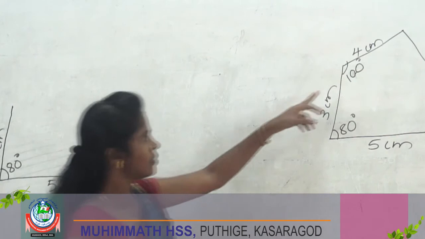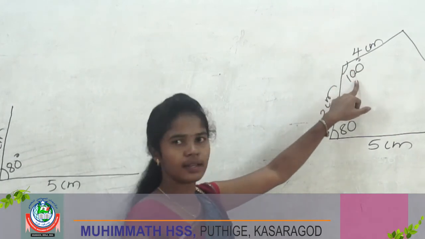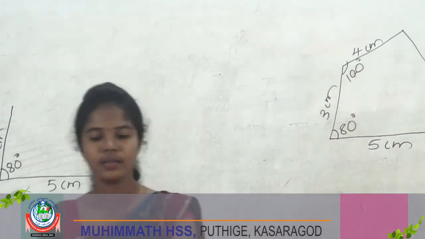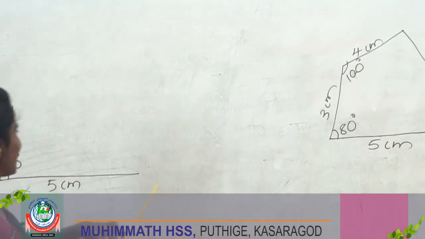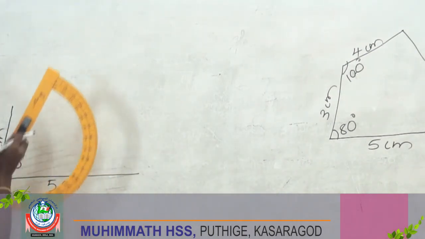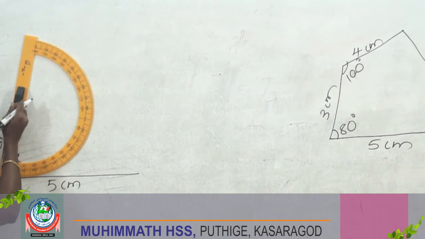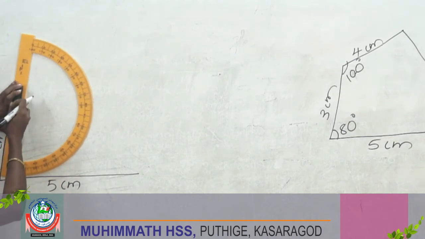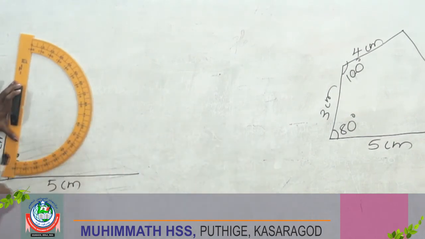Now again here another angle is given, that is 100 degree. By using your protractor, place your protractor in this point and mark 100 degree. So you count from 0.